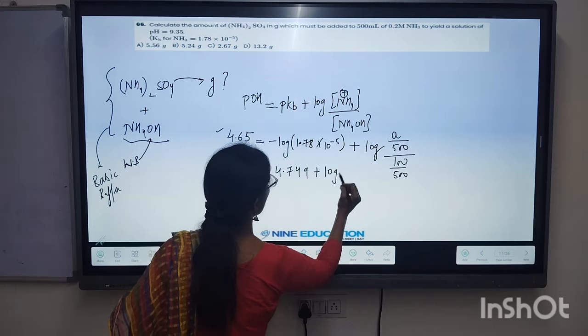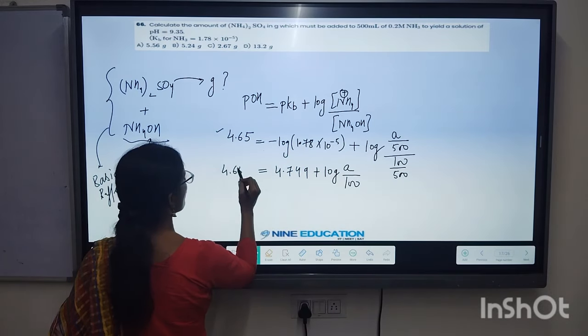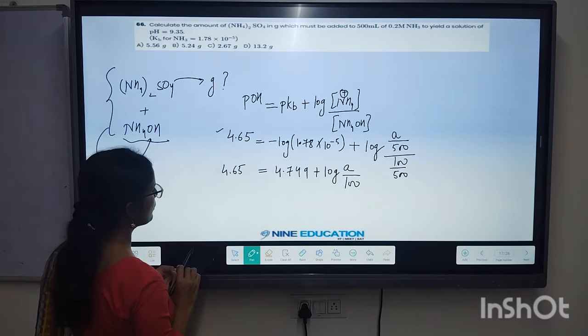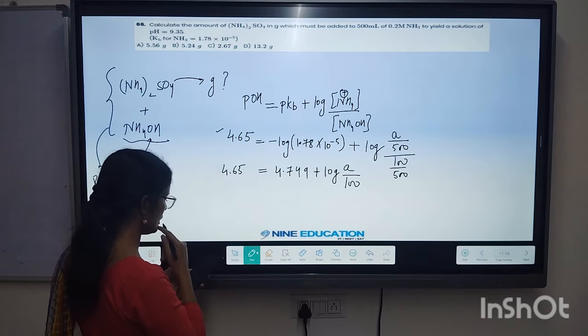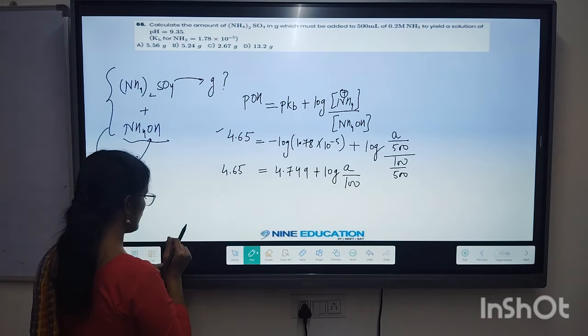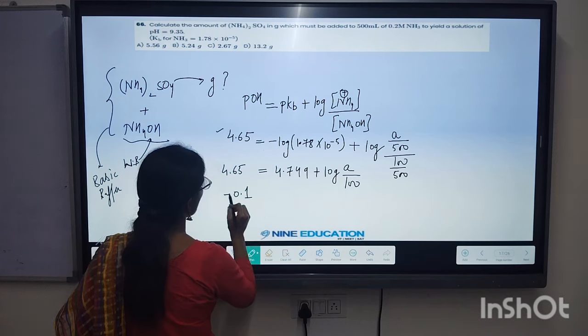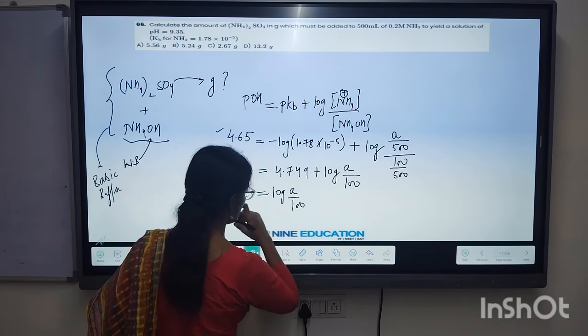Here we'll be having log of A by 100, and here we are having 4.65. Now 4.749 minus 4.65 will be coming around 0.1. So minus 0.1 will be on this side, and here we'll be having log of A by 100.